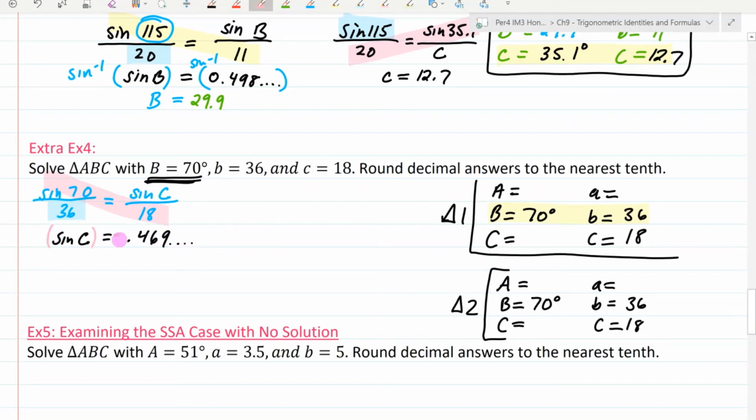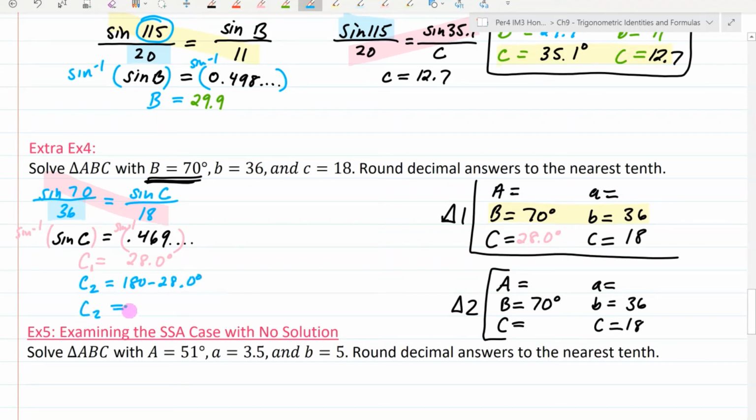You're going to take the inverse sine of both sides, and you're going to get C is approximately 28.0 degrees. That's C for the first triangle. Now, to get C for the second triangle, you take 180 minus the original, 180 minus 28.0.